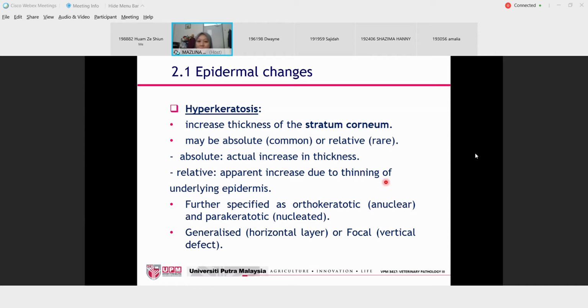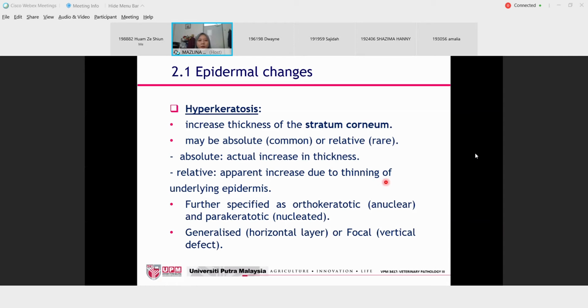Absolute means there is an actual increase in the thickness of the stratum corneum. Relative means that you think there is increase in the stratum corneum thickness, but in actual fact, it is due to the thinning of the underlying epidermis that makes the stratum corneum appear very thick. So it's like a false impression actually. That's why it's called relative.